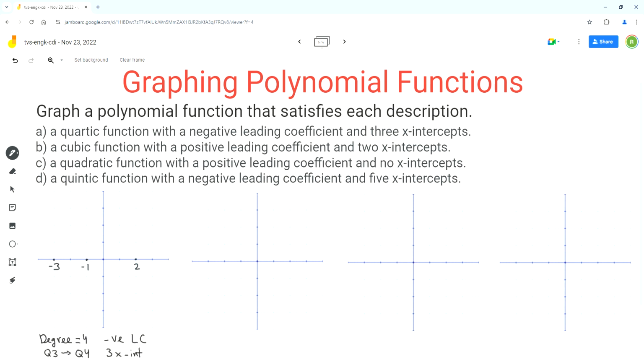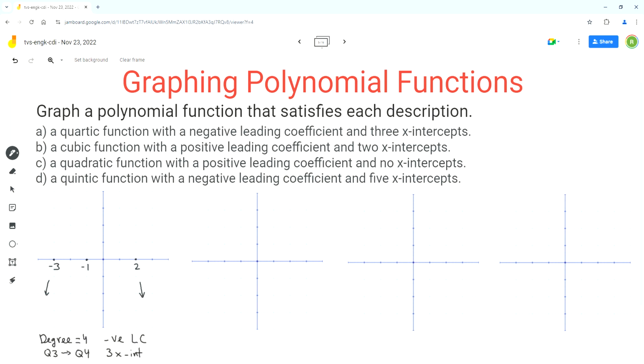The end behavior for this graph can be shown like this. Now we have to join these end behaviors through these x-intercepts. For one of the x-intercepts, the order or the multiplicity is equal to 2. That means the graph will bounce back from that x-intercept. Let's assume the multiplicity is 2 for the x-intercept -3.